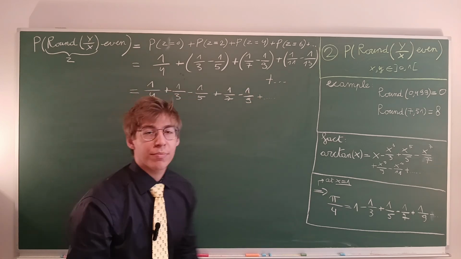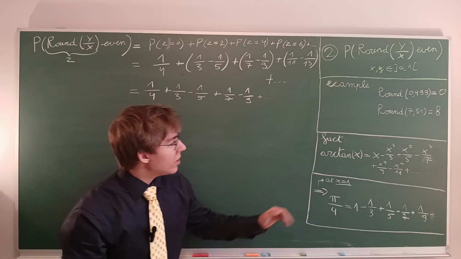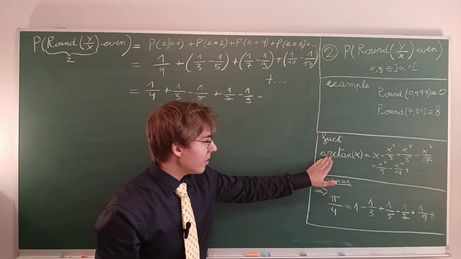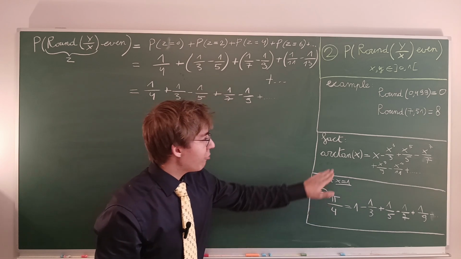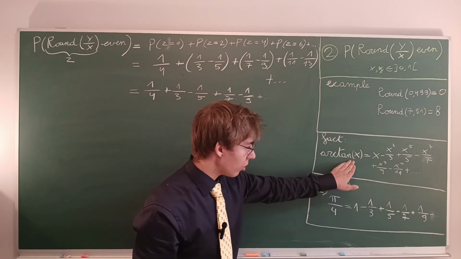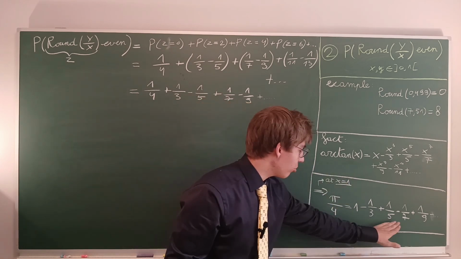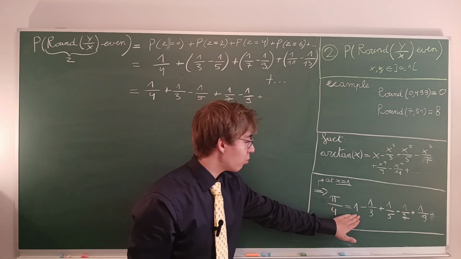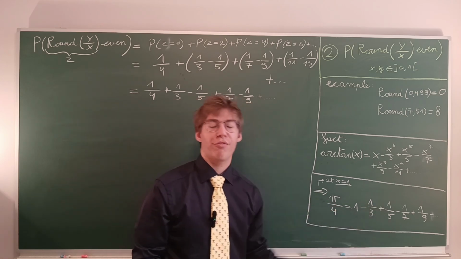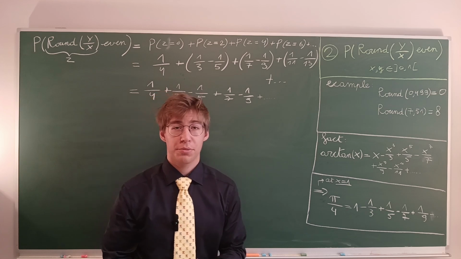Well, now we will use the Taylor expansion of the arctan of x, which is the following. If we evaluate this at x equals 1, then we get the following equality: pi over 4 equals 1 minus 1 over 3 plus 1 over 5 minus 1 over 7, and so on.